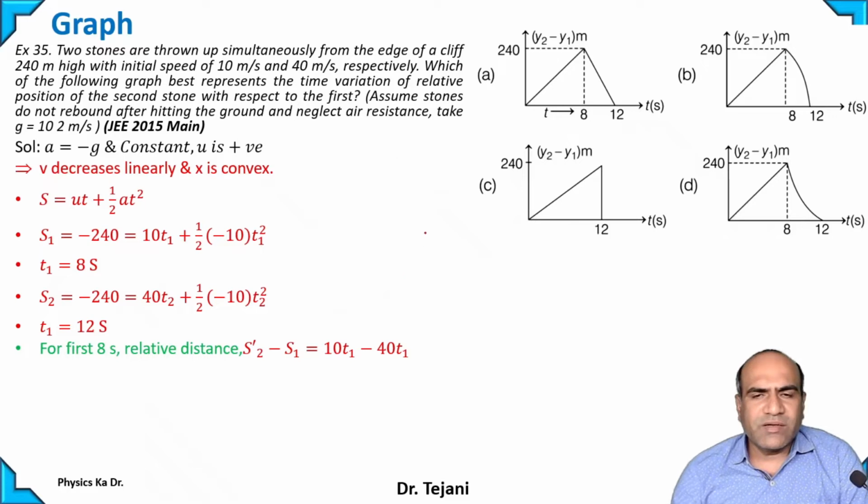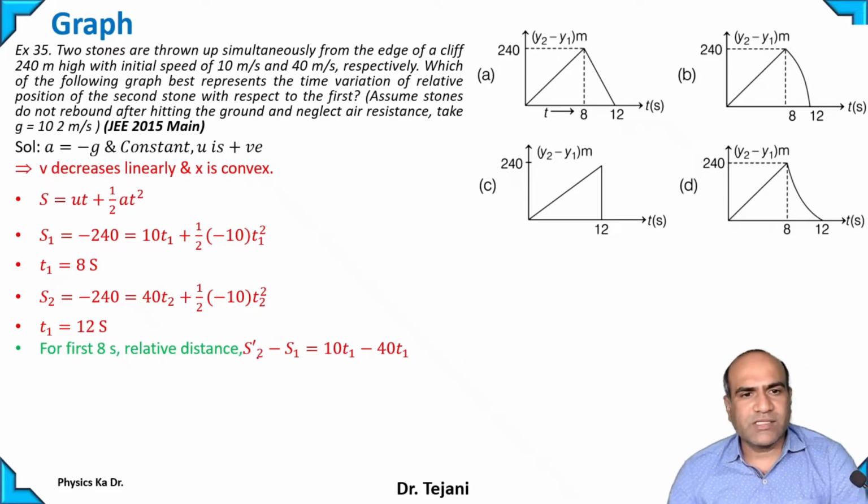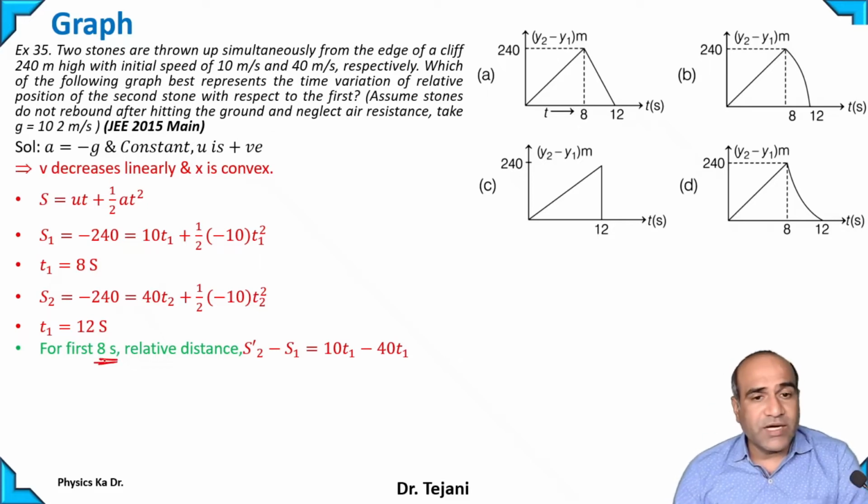That means if we take the difference, see we have s equal to ut plus 1/2 a t squared. If we take the distance s2 minus s1 for the first 8 seconds, then u is 40 for the second and 10 for the first, so 40 minus 10 is 30, giving 30 t.